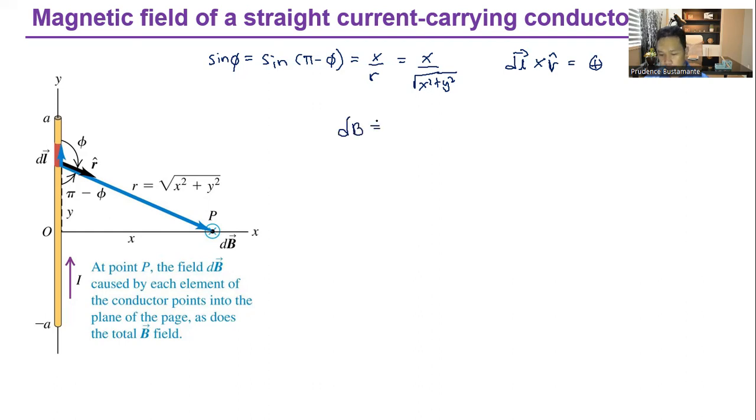The dB is just equal to mu naught over 4 pi, then we have I dl cross r hat over r squared. Then if you integrate that one, we will get B.